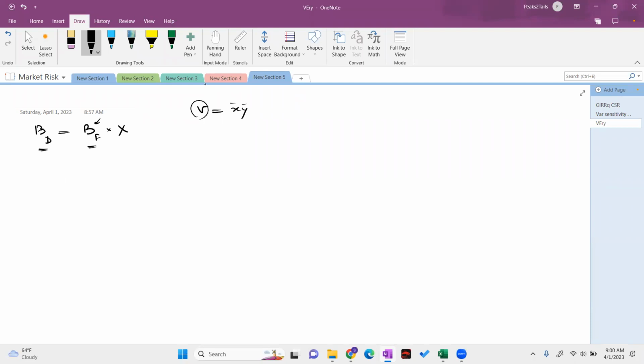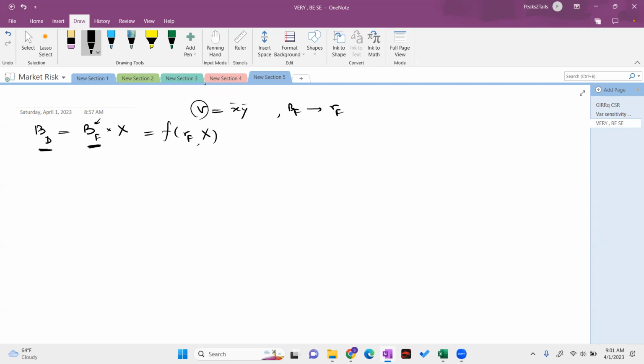The foreign bond value would be mapped to the foreign interest rate. BF is a function of RF. So the value of the bond in your balance sheet is a function of the foreign interest rate RF, and the prevailing spot exchange rate.